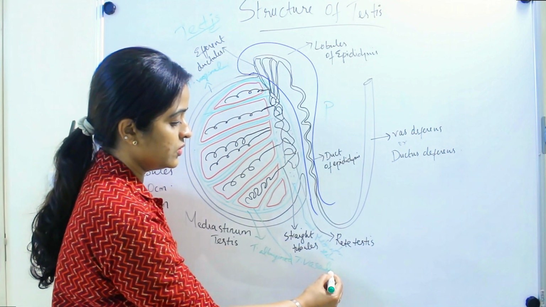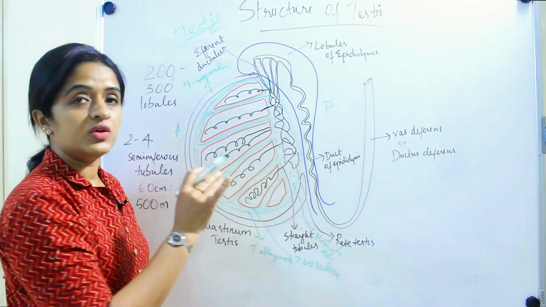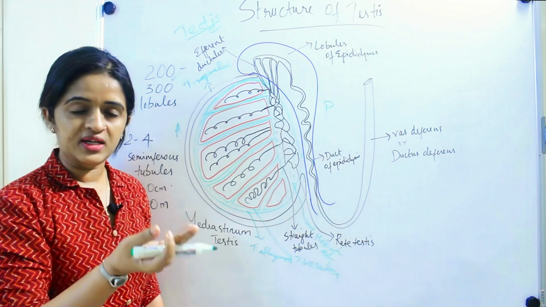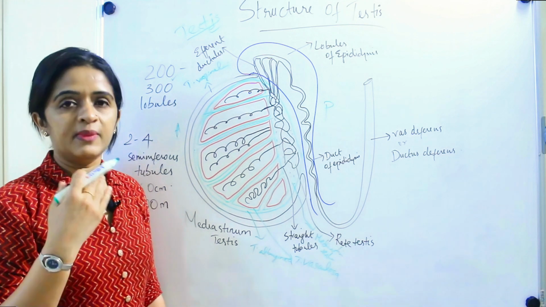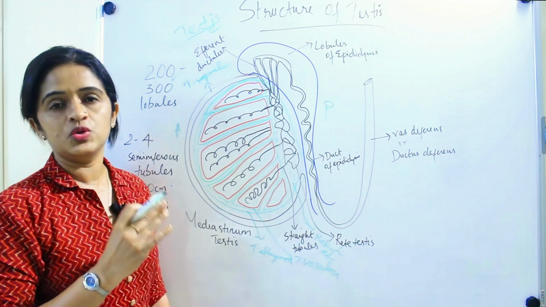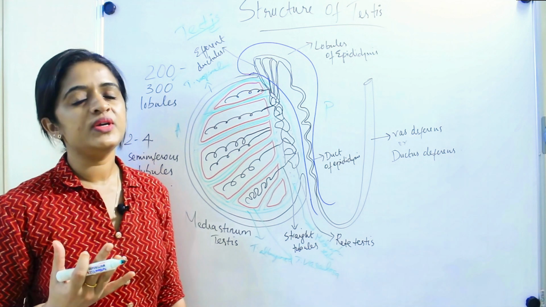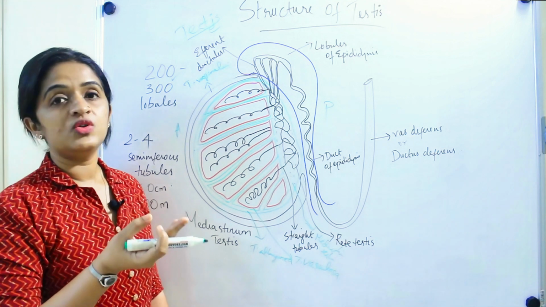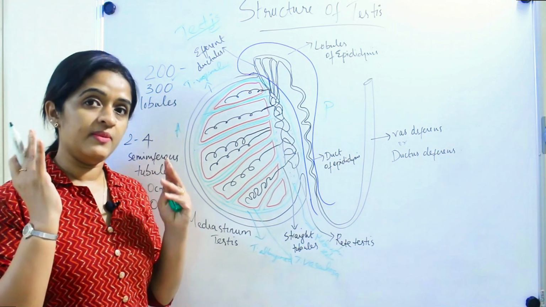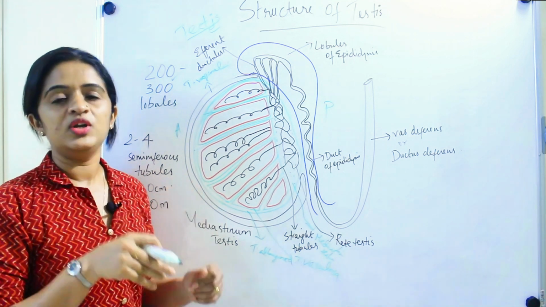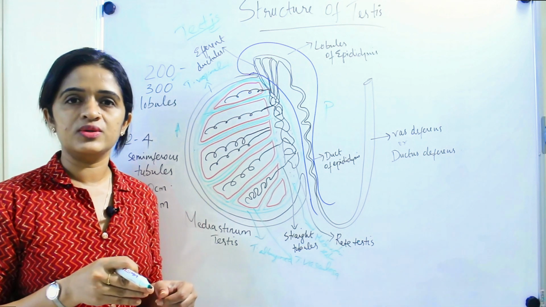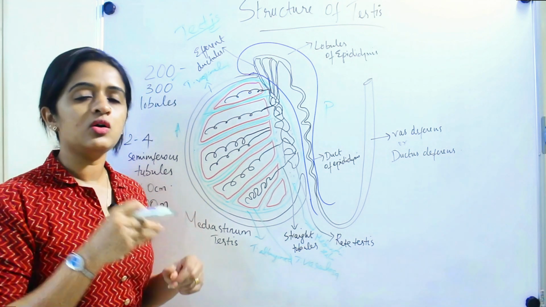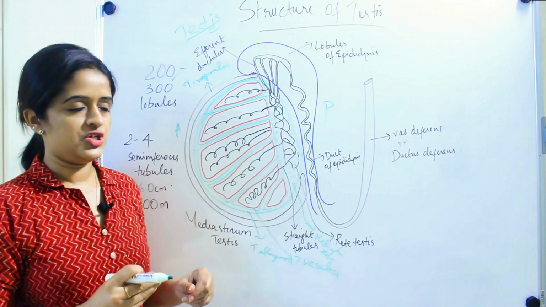Each lobule is lined on the inner aspect by the third layer, that is the tunica vasculosa. Though we say that they are the three coverings of testis, only the tunica vaginalis is actually forming a cover-like thing, whereas tunica albuginea and tunica vasculosa are actually incorporated into the testicular tissue.